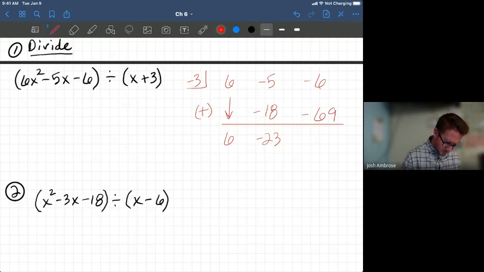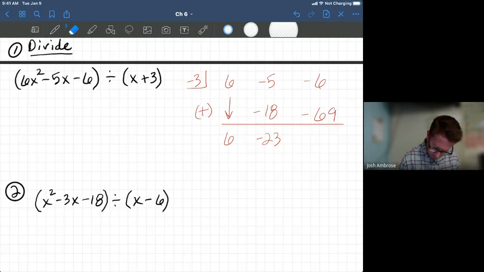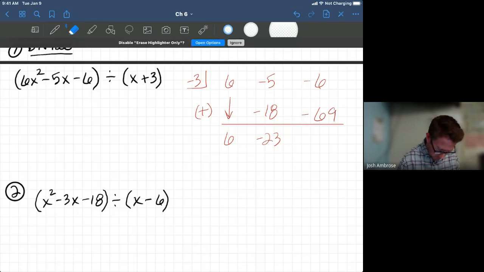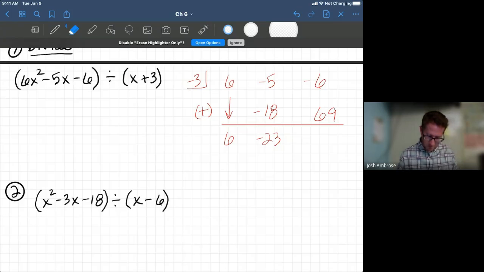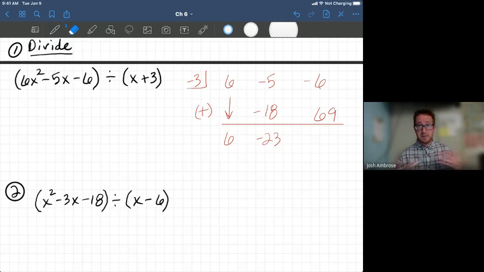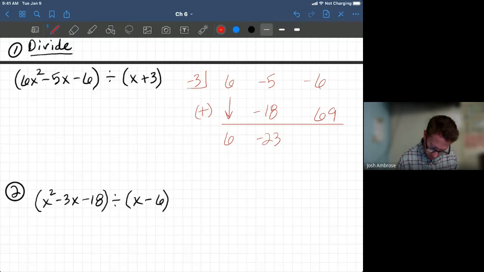Oh, should have been a positive. Just figured out that mistake right there. Negative times a negative should be a positive. Almost had a huge error right there. Okay, so that's actually going to give us 63. And that's going to be a positive 63.